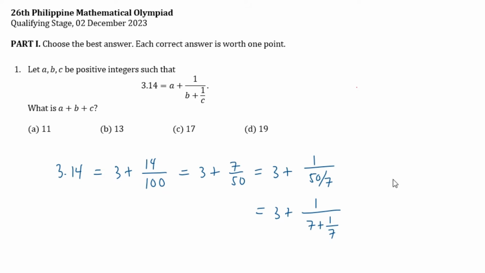So here, a is equal to 3, b is equal to 7, and c is equal to 7. Which means that the sum a plus b plus c is equal to 3 plus 7 plus 7, which is equal to 17. So the final answer here is answer choice C.